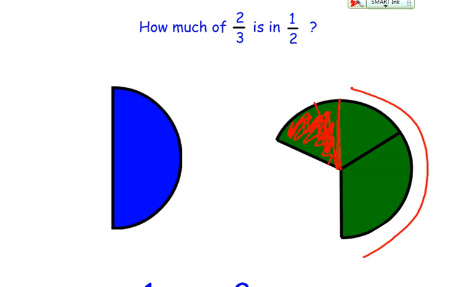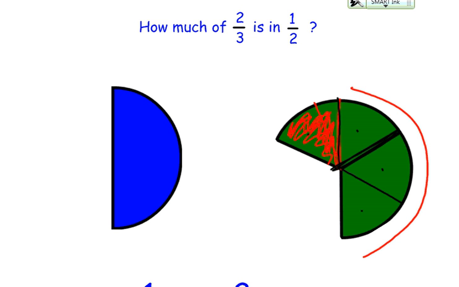Well, what we can do is we can actually take this 2/3 and we can think about it like this. This black line right here represents half of the 2/3. So if we were to divide this like this, we'd have 1, 2, 3, 4 parts in our 2/3.